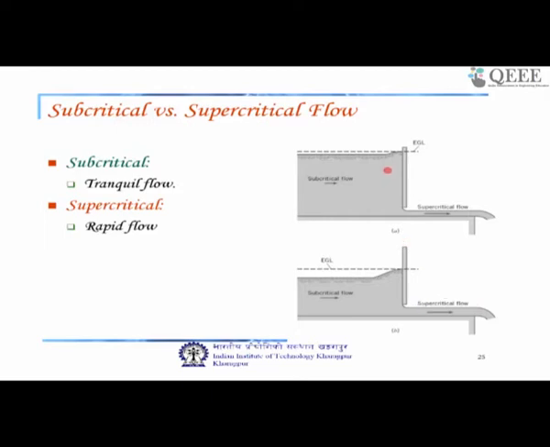So, obviously, in this case the velocity is less compared to supercritical flow. That is why this Froude number is less than 1 on this side, and on this side it will obviously be greater than 1. Near the gate, the water surface is touching this EGL, because the fluid velocity at the gate is 0.